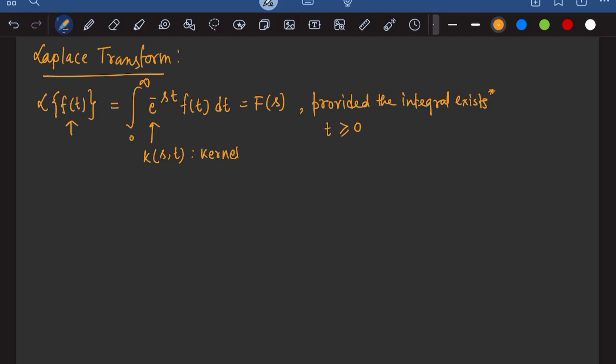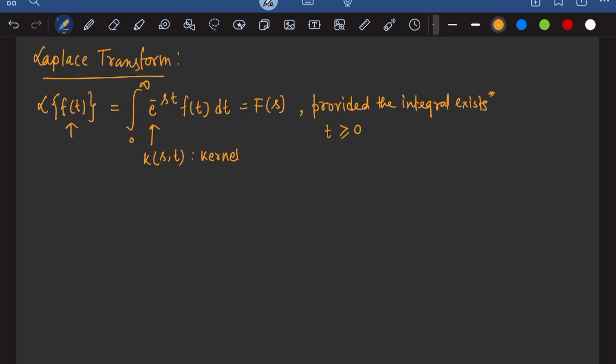of the integral. Based on the nature of K(s,t), we have different transformations. When it is e^(-st), s can be real or complex, no restriction.